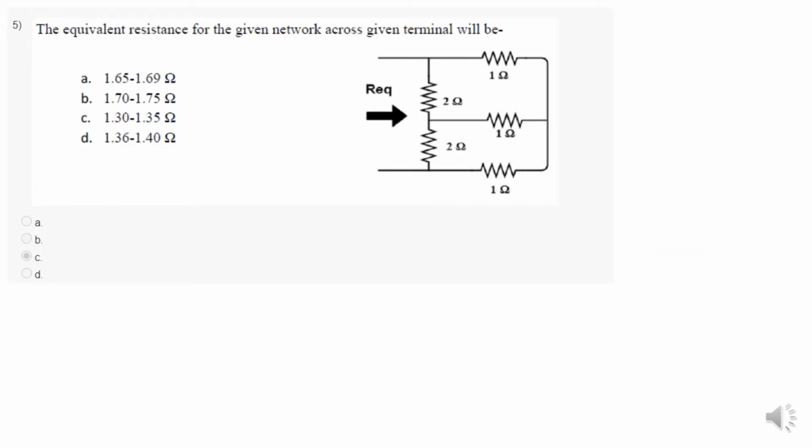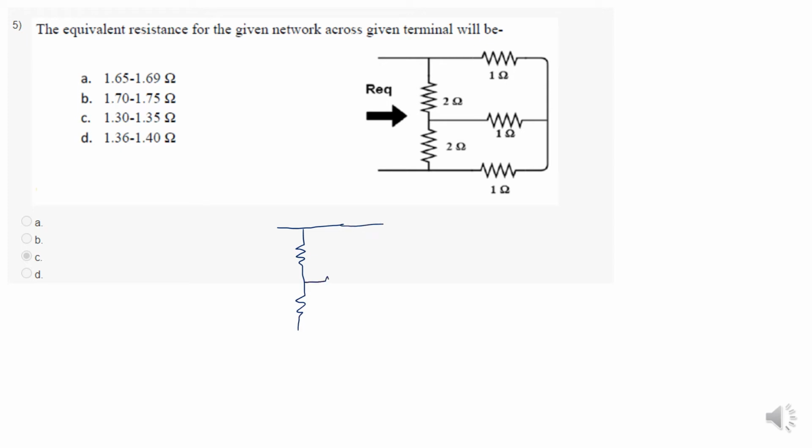Next I am going to explain the equivalent resistance for the given network across the given terminal. First of all, I am going to redraw the circuit. Here we are having the star arrangement. I am going to convert the star into equivalent delta, and I am going to redraw this arrangement now. So first the two resistances here, and next how to draw this.